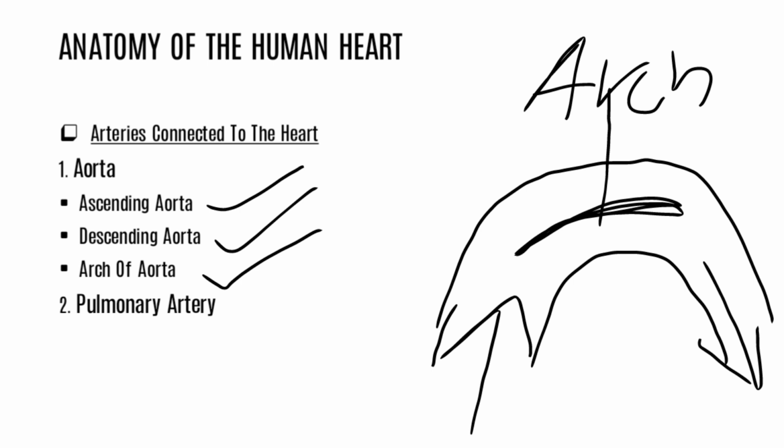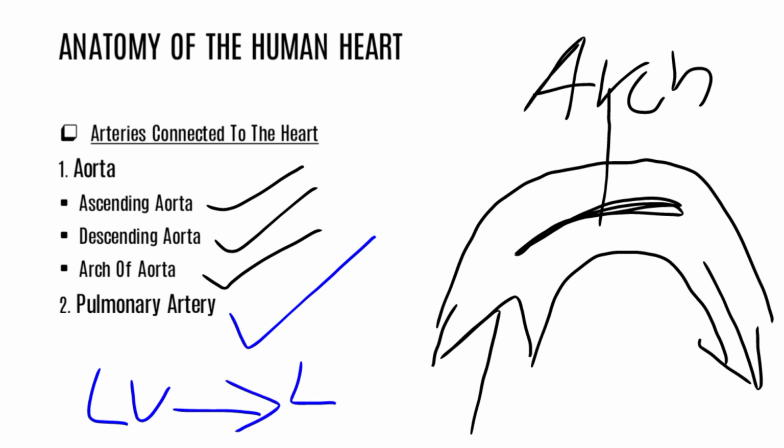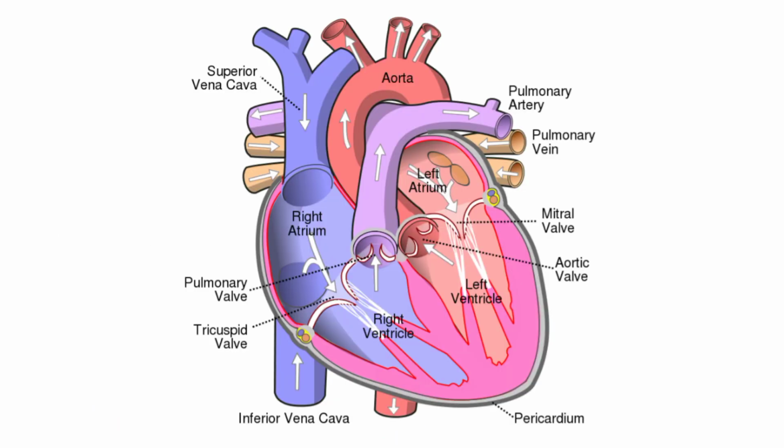Another important artery we see is the coronary artery. The coronary artery will take the oxygenated blood from the left ventricle, and take it to the lungs, where it will get oxygenated.